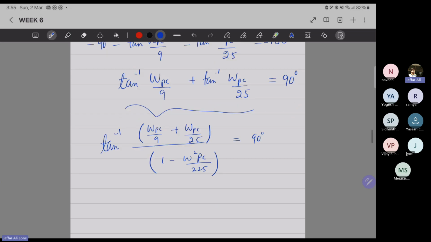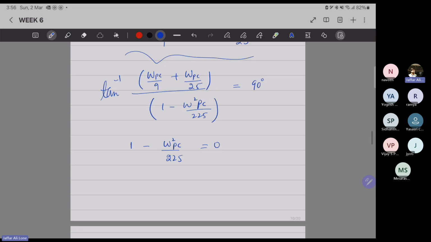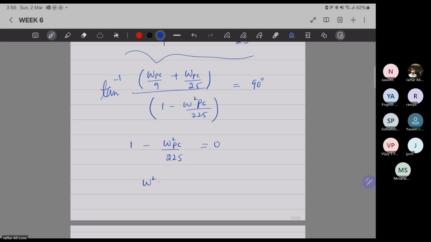If we simplify, we get 1 minus ω_PC squared divided by 225 is equal to 0. It means ω_PC is equal to 15. So now I got the value of the phase crossover frequency.